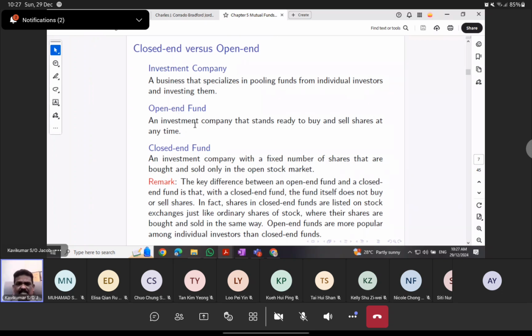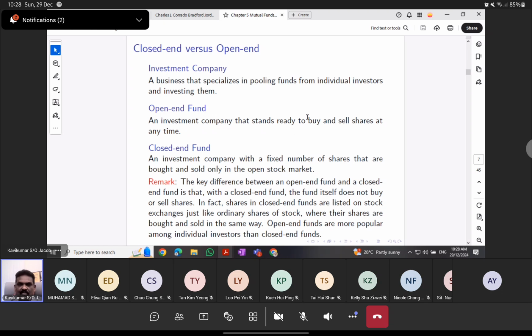Okay, the open-end fund is an investment company that can buy and sell at any time within their company or within their fund. Within their fund, they can use their own fund to buy and sell the shares. But for a closed-end fund, the shares should be listed on a stock exchange, just like other ordinary shares, where their shares are bought and sold in the same way.